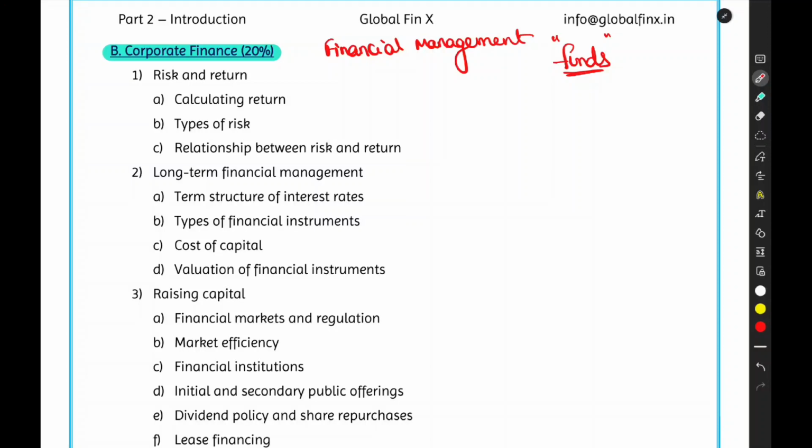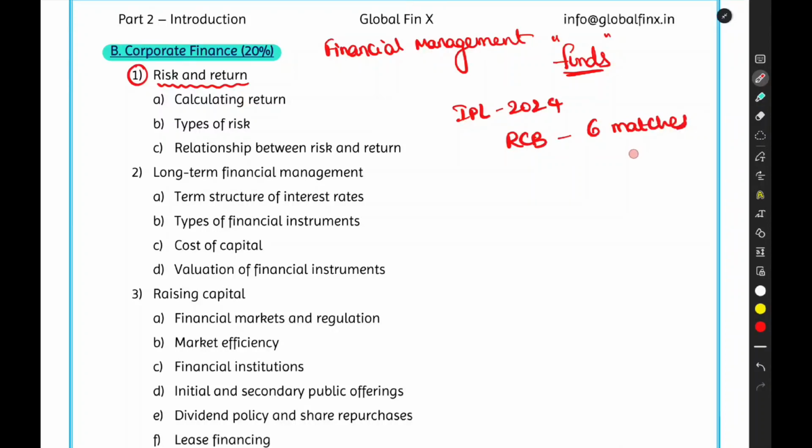In the 6 units of Section B, in the first unit we talk about risk and return. To keep it simple and interesting for most students, recently in IPL 2024, RCB lost 6 matches in a row.